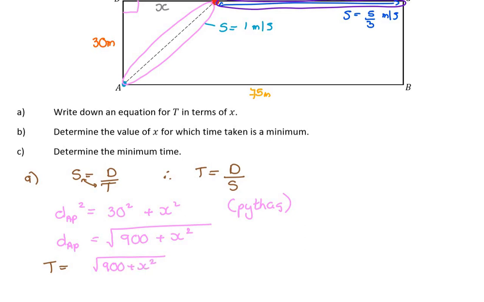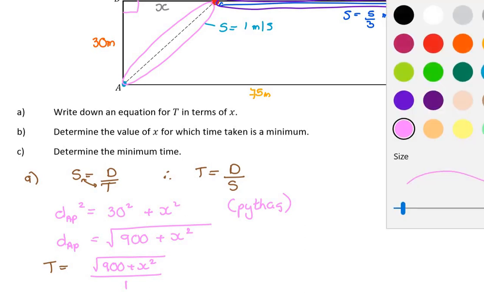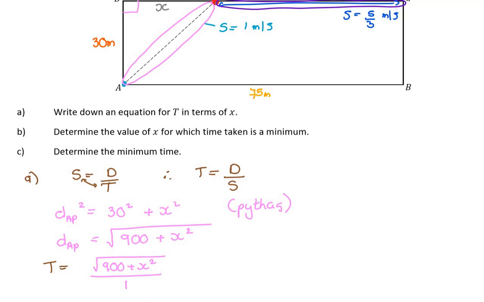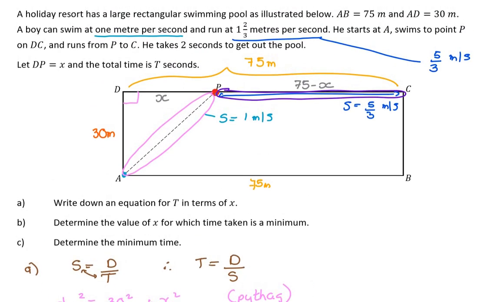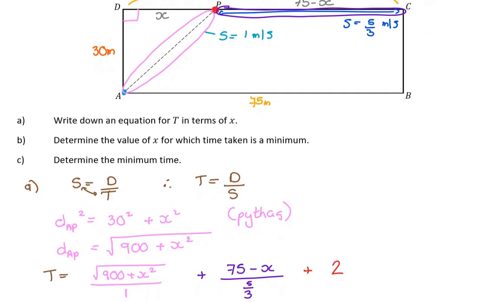The good news is my speed was 1 meter per second, so that's actually going to be a fairly easy fraction. Then that second bit was the distance 75 minus x, and I'm going to divide by a speed of 5 over 3. And then don't forget they said that he took 2 seconds. It did, 2 seconds to get out of the pool. So there's an expression for t.